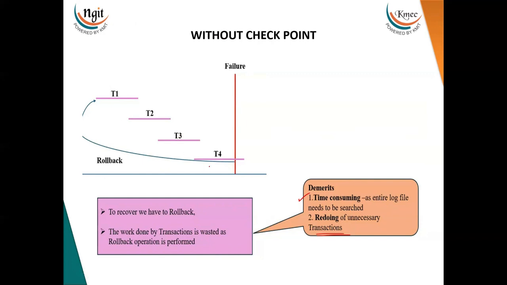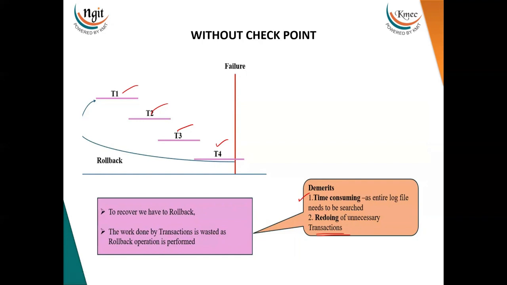We have 4 different transactions concurrently running with each other. If a failure has occurred with the fourth transaction, then all the transactions in parallel to T4, that is T1, T2, and T3, along with T4, have to be rolled back, which is a time consuming process. This kind of disaster is caused by not using checkpoints.